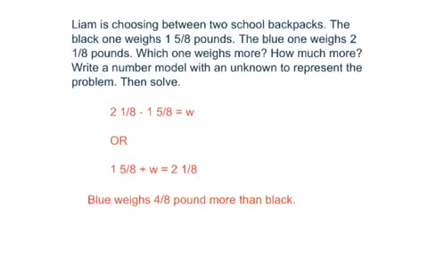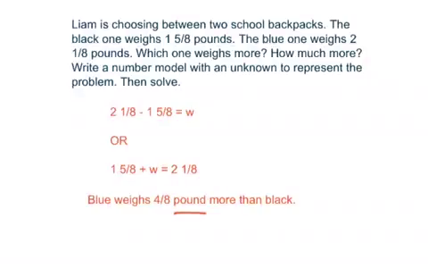It's not 1 5/8 minus 2 1/8. That's definitely not correct. So make sure you're going in the right direction with your equations. And then your answer is that the blue weighs 4/8 pound more than the black. Make sure that you have the unit here, pounds: 4/8 of a pound more than the black one.